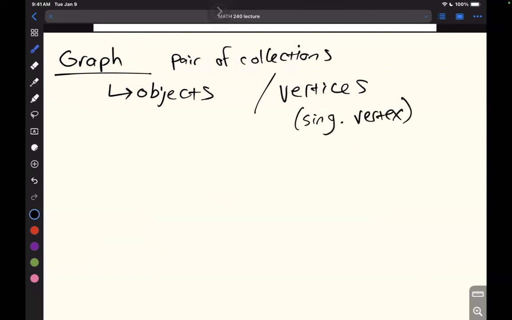The singular of vertices is vertex. So, for example, my fish is an object. That is a vertex. If I have two fish, I've got two vertices, but this fish is a vertex, that fish is a vertex. So these are just the objects in question.